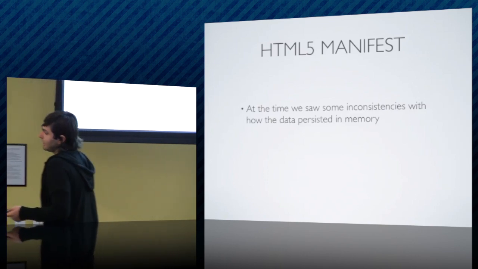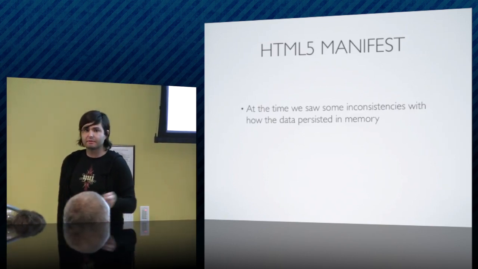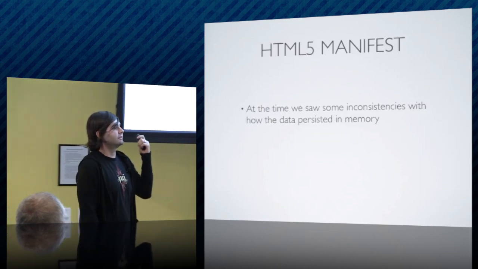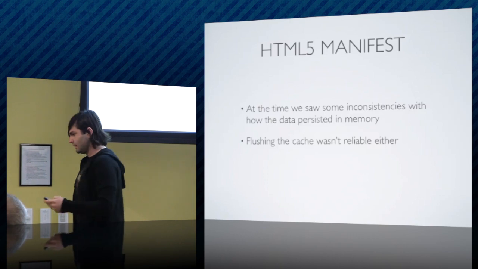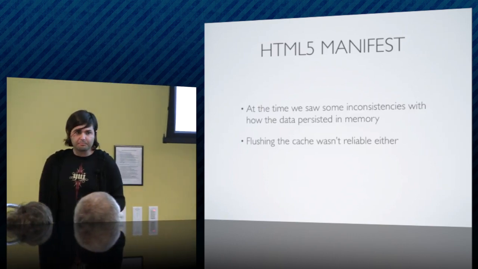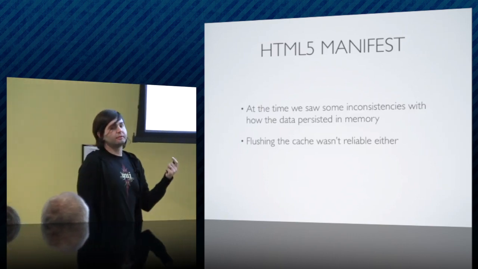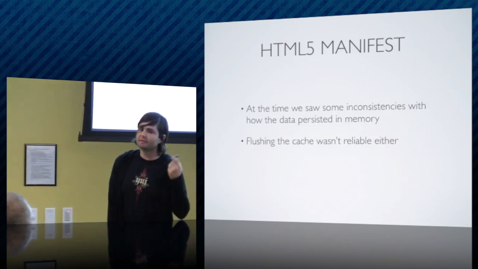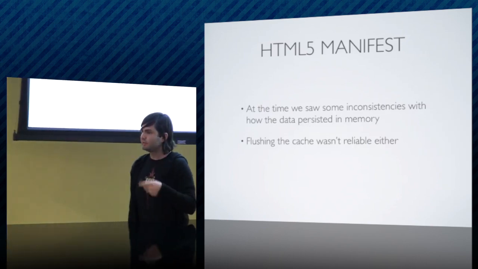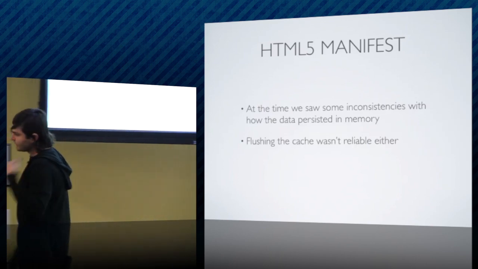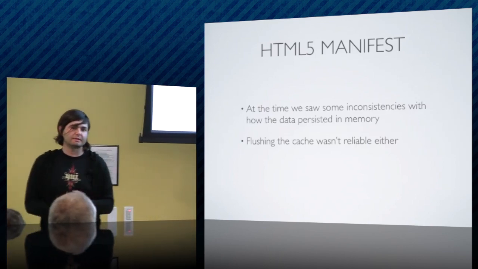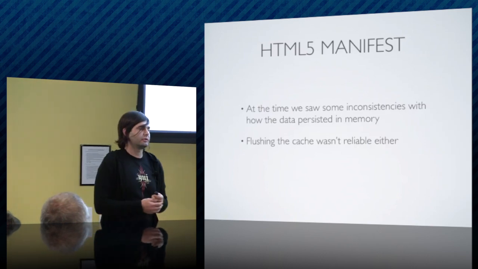And I haven't tried this in iOS 5. This was at the time of iOS 4, so that might have been fixed, but that's one of the big ones. The other one was that when we wanted to flush the cache, it wasn't that easy. We had to go through many interactions until we were actually able to flush it. So that's one of the reasons why we ended up using native storage.